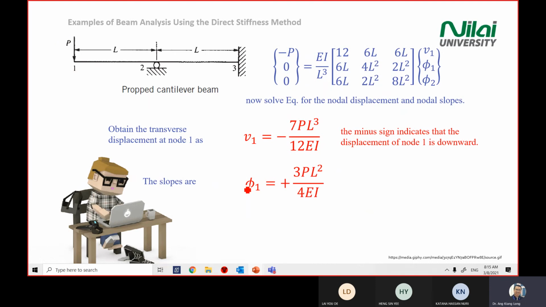Then the slope or the rotation will be positive. It means it's an anti-clockwise direction, right?